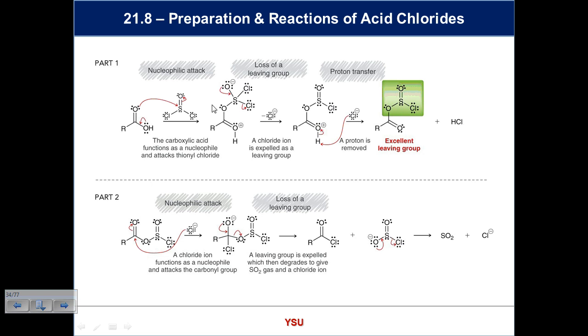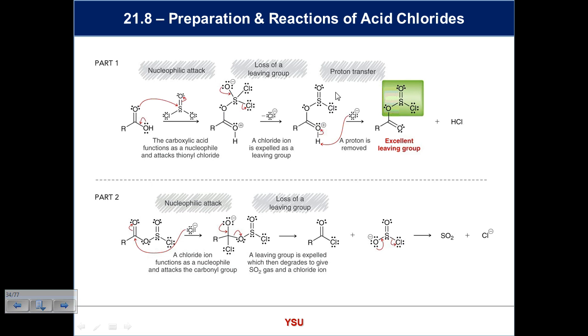That is a species which looks like it has four things attached, which doesn't last very long. What would we call it? It's a tetrahedral intermediate. It doesn't look like the one on the previous slide. It doesn't have any carbon in it. But that's what it is. It's using the same principles. So now this collapses, and it collapses because chlorine's a good leaving group. I want to get the charge off the oxygen and attach to the chlorine.